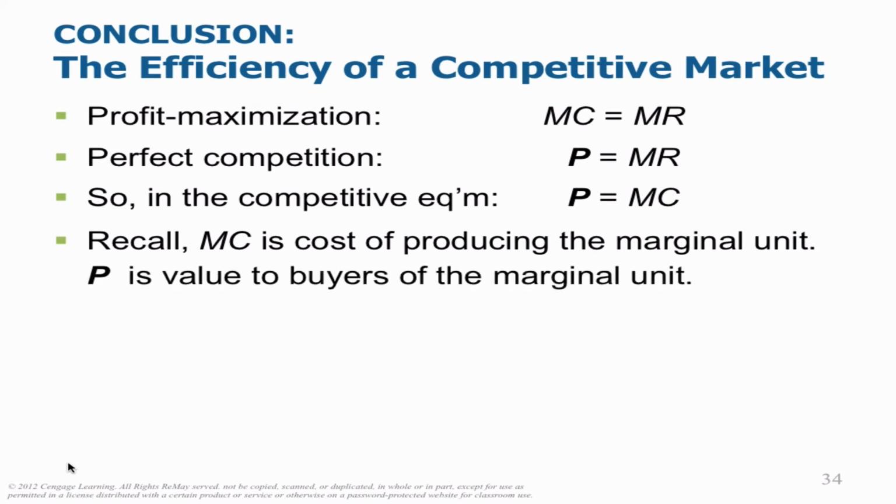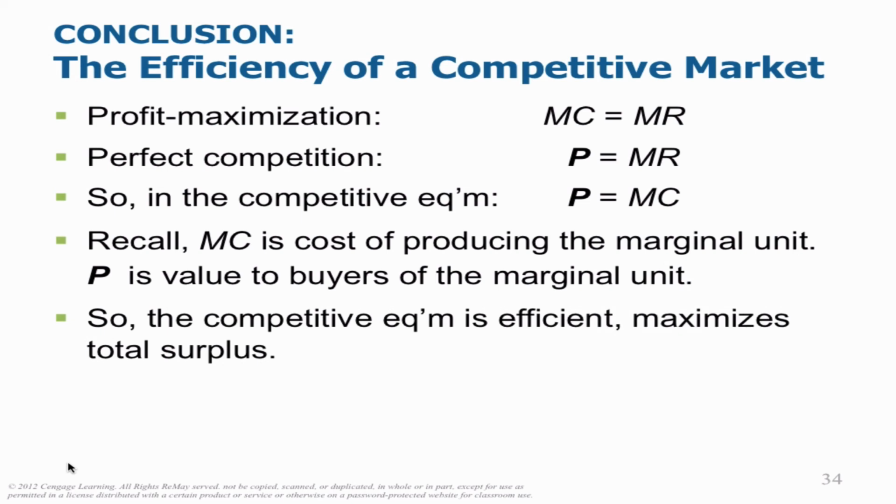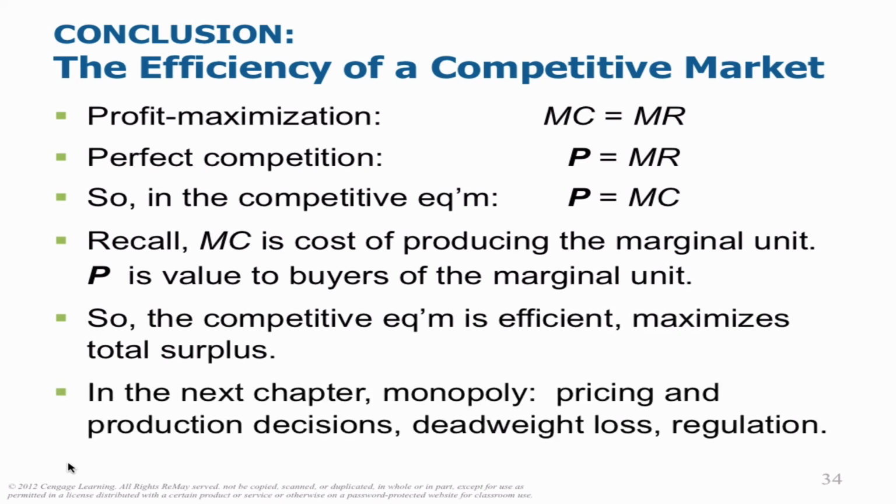So, competitive equilibrium is efficient and maximizes total surplus. If we're ever going to get there, we would be talking about monopolies. For those of you planning on taking the exams, Chapter 15 is a must. Monopolies are going to be all over it. Monopolistic competition, all of that kind of stuff.